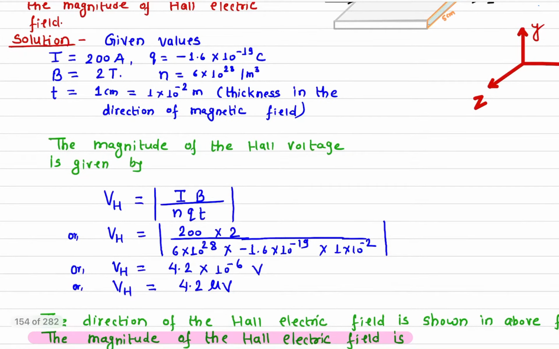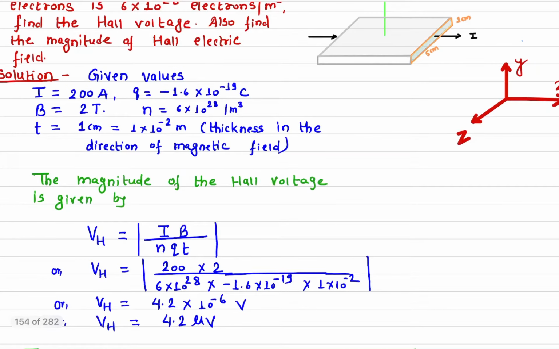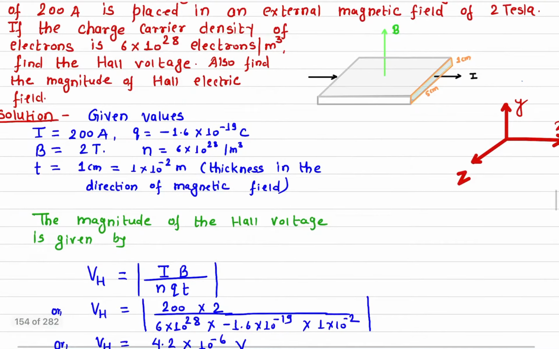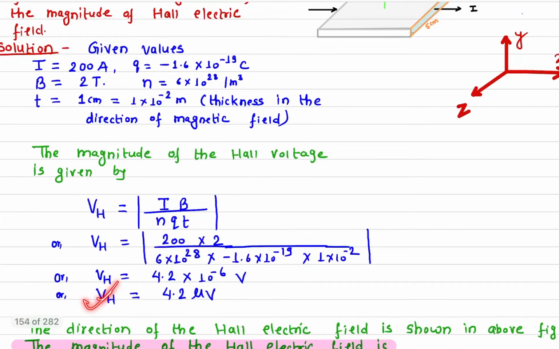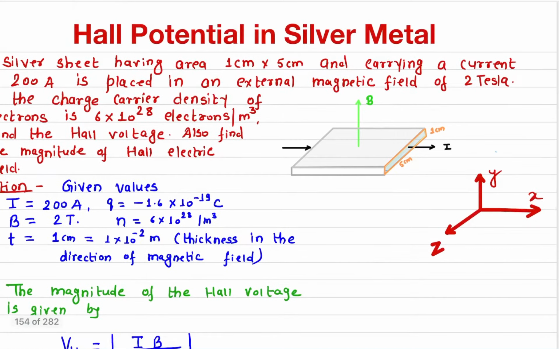Once you plug in all the values, and make sure that t is converted to meter, you get the Hall voltage of 4.2 times 10 to the negative 6 volts, which is 4.2 microvolt. This potential will be developed in the direction perpendicular to both the current and the magnetic field.